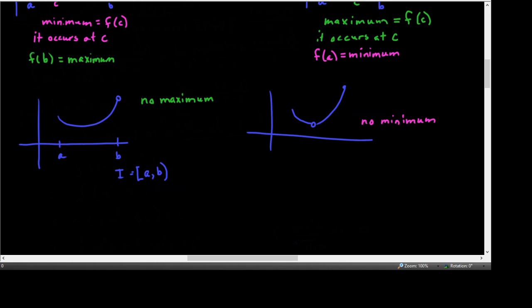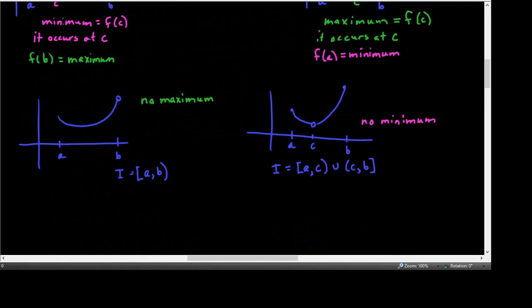And in this case, let's say this is A, and this occurs at C, and this is B. The interval here goes from A to C, union C to B. In other words, there's a discontinuity at C, and that means we don't have to have a max or min.